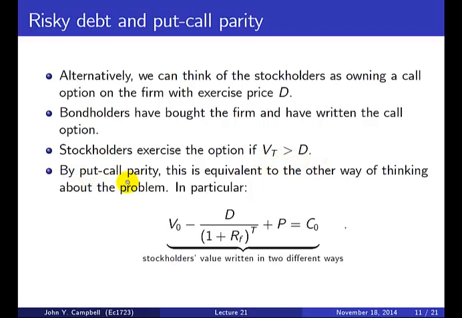Now, by put-call parity, these two ways of thinking about the problem are equivalent, because the first way says that stockholders have the value of the firm minus the discounted value of the safe debt plus the value of the put option that they own to default. And that, by put-call parity, has to be equal to, on the right-hand side, the value of a call on the firm.